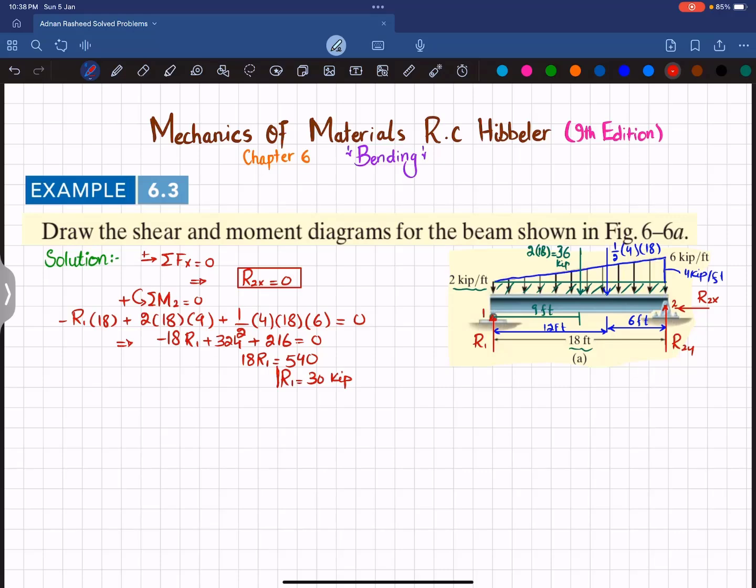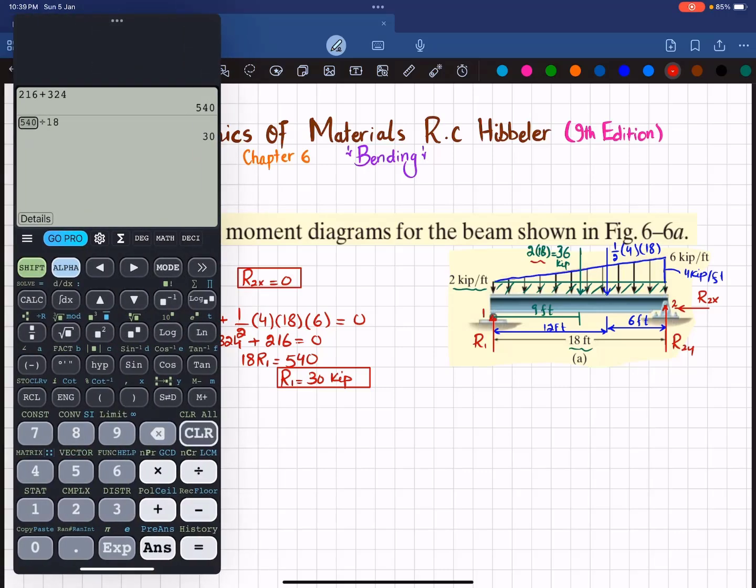Now that you have this R1, we will find R2y by using the third equation of equilibrium, that is, the sum of all forces along the y direction must be equal to 0, and upward force is taken as positive. So you can see R1, which is plus 30, minus this 36, minus this 4 multiplied by 18 divided by 2, which is also 36.